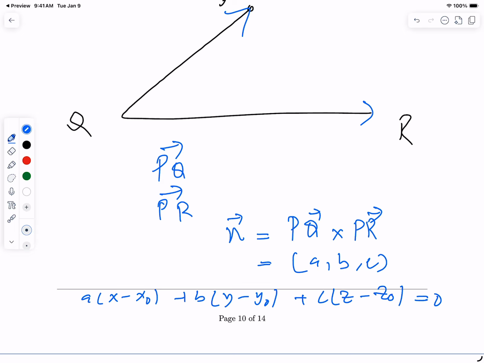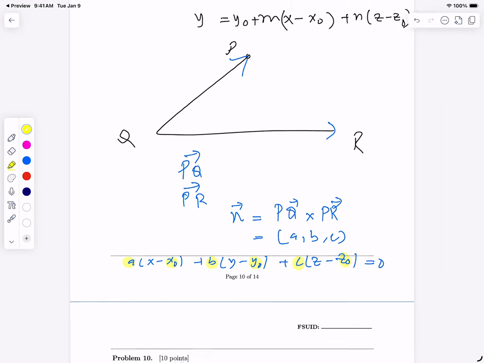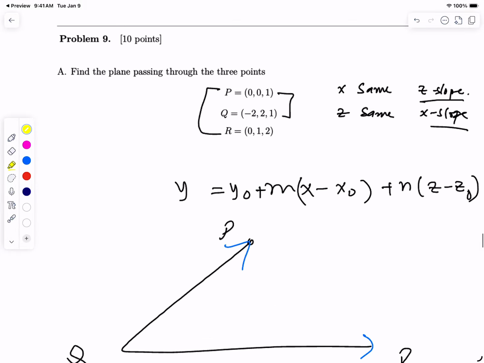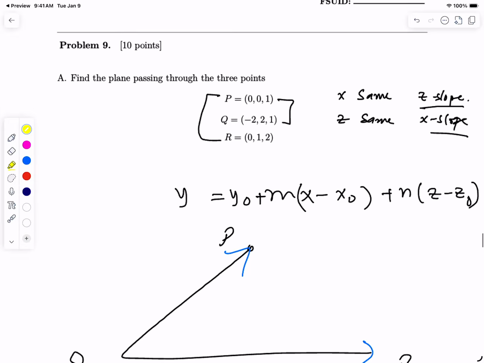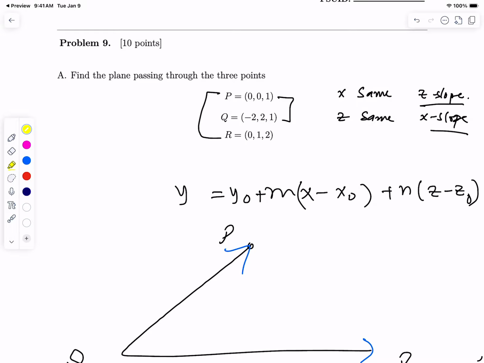So (a, b, c) is the vector coming from the cross product of these two vectors, which means it is orthogonal, and (x0, y0, z0) is any point from these 3 points. You can choose any. We have explicitly done these examples. You can see the lecture notes, as well as you will find these examples in your exams from 1 to 4.